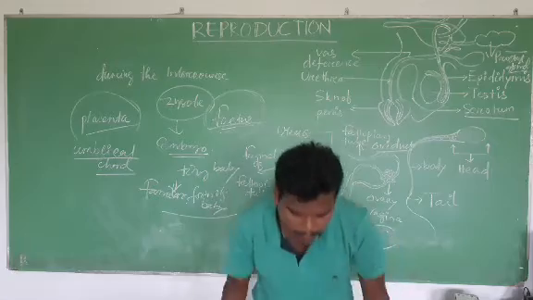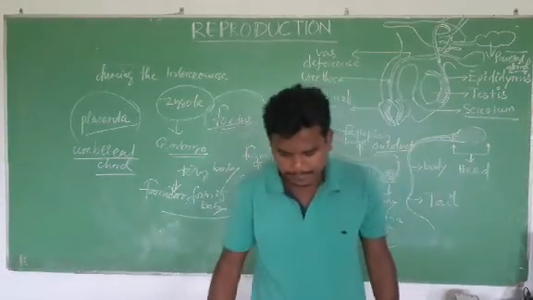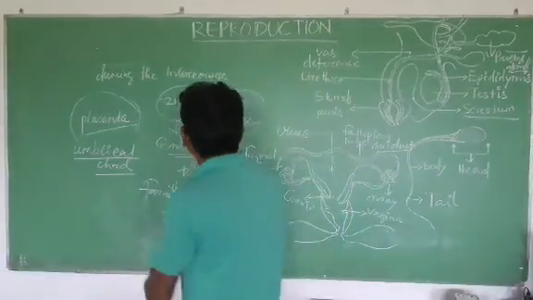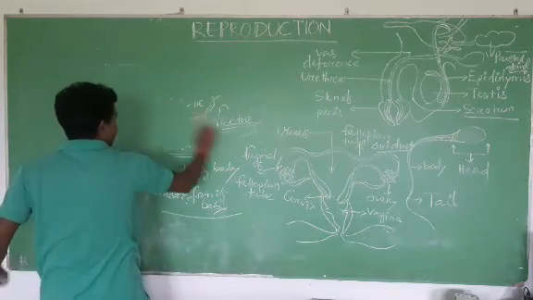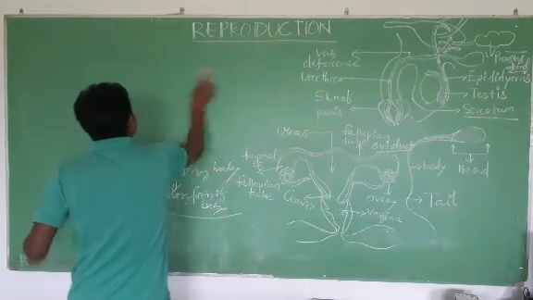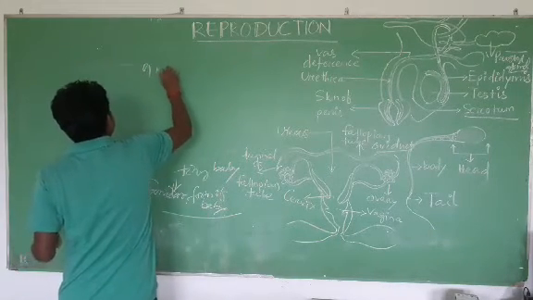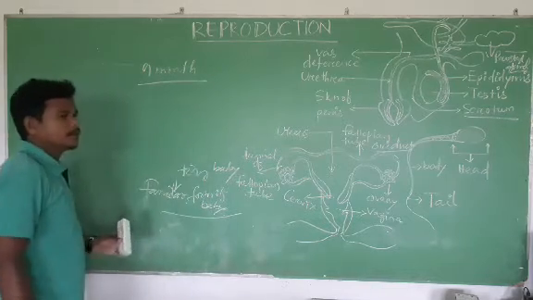Now the baby in the mother's uterus will remain about 9 months. How long will a baby remain inside the mother's womb? About 9 months. And that period is called what?